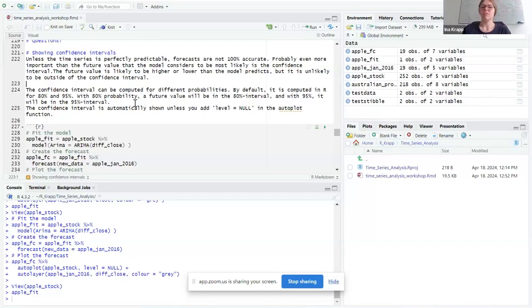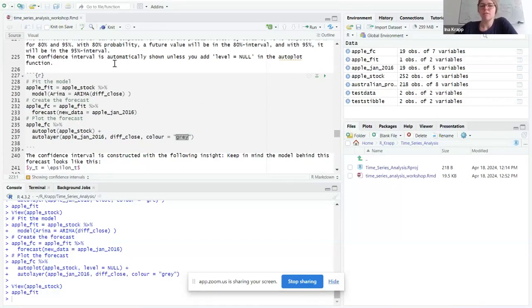The interpretation is fairly straightforward. If you take a look at the 80% confidence interval, it means that a future value will be within it with 80% probability. If you take a look at the 95% confidence interval, a future value will be in it with a probability of 95%, provided that your model is correct.